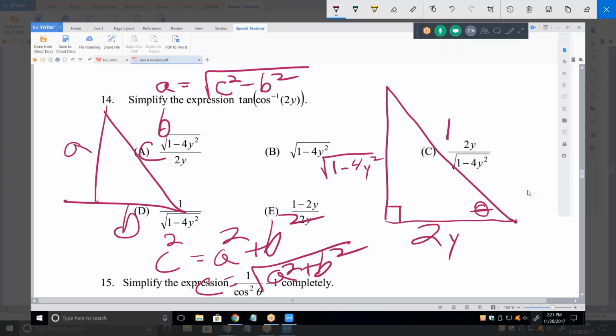And B has to be the square root of C squared minus A squared. Notice that whenever we're solving for A, B, or C, the answer is always square root of something. Always. It may turn into a number, but it starts out as square root of something.